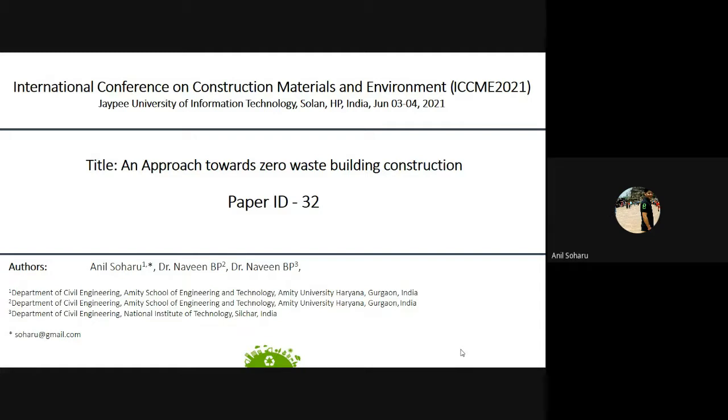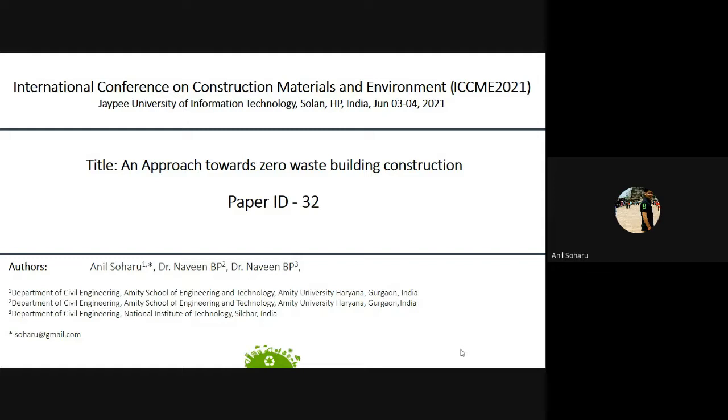Then we can use waste plastic in bricks, and further in road construction. These kinds of materials we can definitely use. A general question will come: as far as civil engineering is concerned, when a large scale construction is there, some waste will definitely be there. So how is your project claiming a zero waste goal? We are doing a study in which we quantify the wastes of particular projects.